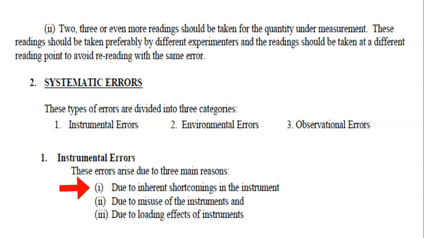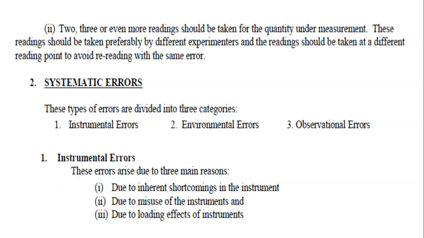First reason, inherent shortcomings in the instrument. What is the meaning of inherent? You can say it is inborn. That means when you're manufacturing the instrument, there is a manufacturing defect. When there is some defect in the instrument from manufacturing itself, you will have an error. So that you can call inherent shortcomings.